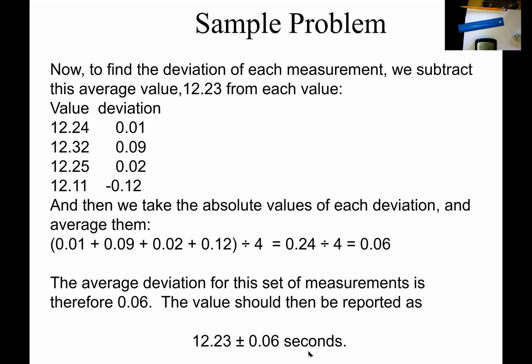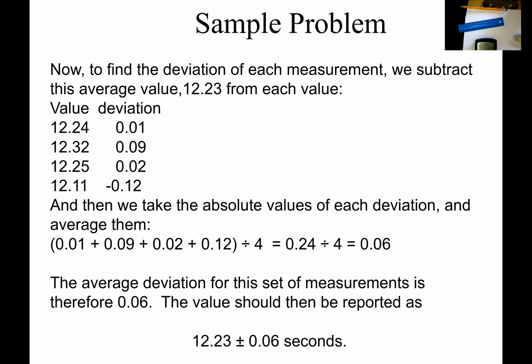So my final result is 12.23 plus or minus 0.006 seconds. Now notice, the final measure is the average, and the uncertainty is the average deviation. Notice how the precision is the same. That's critical. You may ask, how many sig figs do I report? I don't care about significant figures.